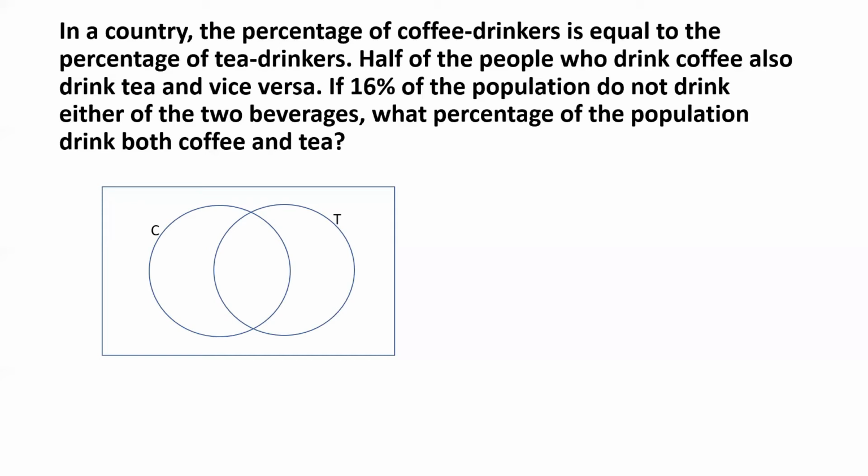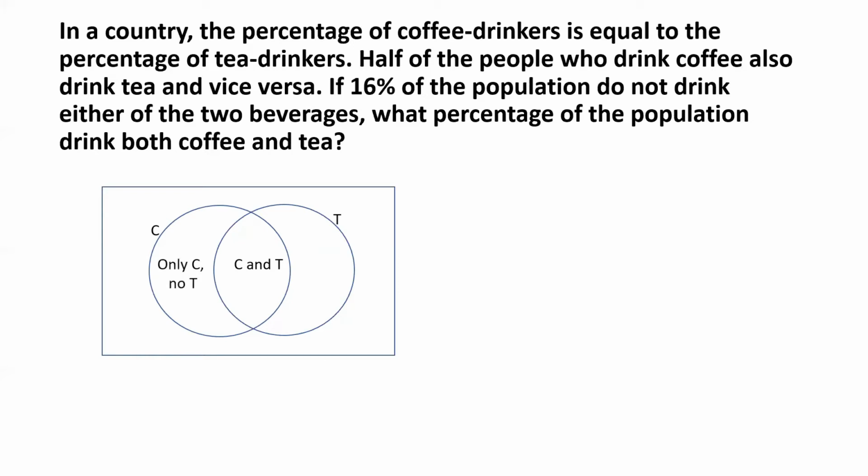Now, the area of overlap between the two circles represents the percentage of people who drink both coffee and tea. The area of the circle C of coffee drinkers that lies outside the overlapping area represents the percentage of people who drink only coffee but not tea.